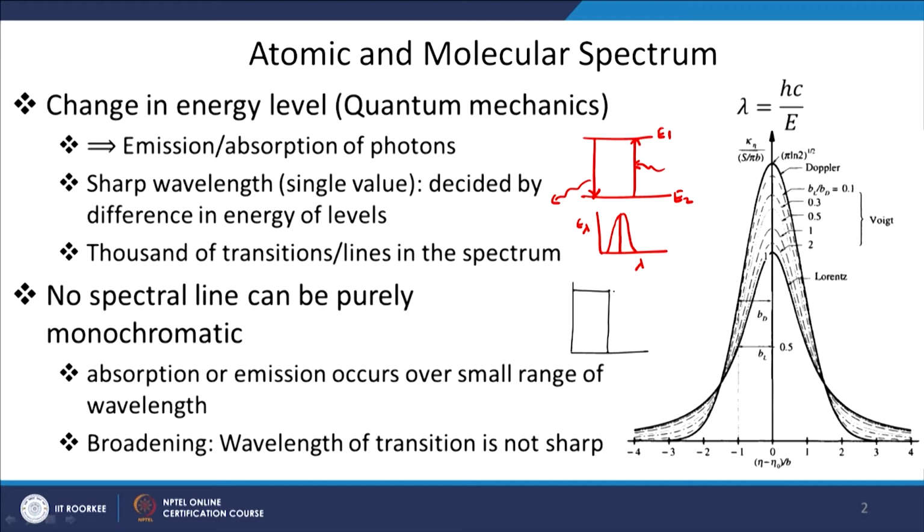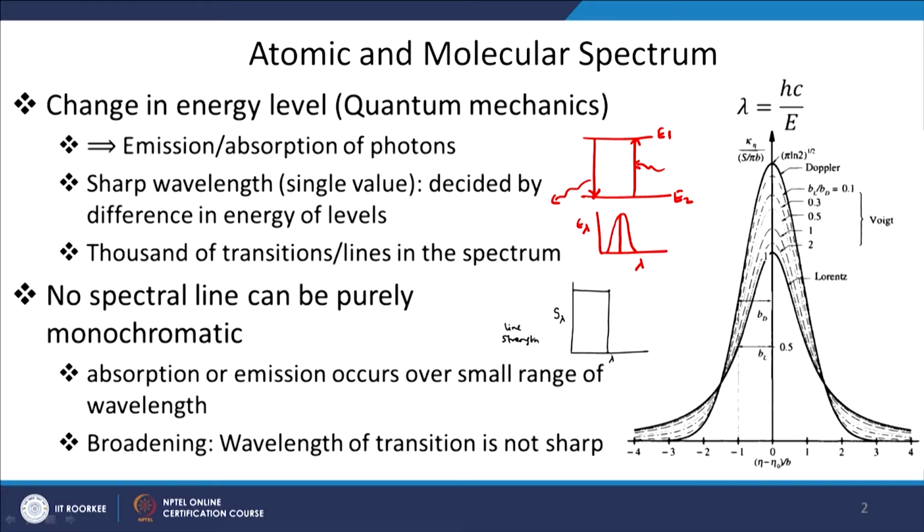The intensity is S and the wavelength is lambda, so it is called S lambda. S lambda is called the line strength, the magnitude of the intensity.